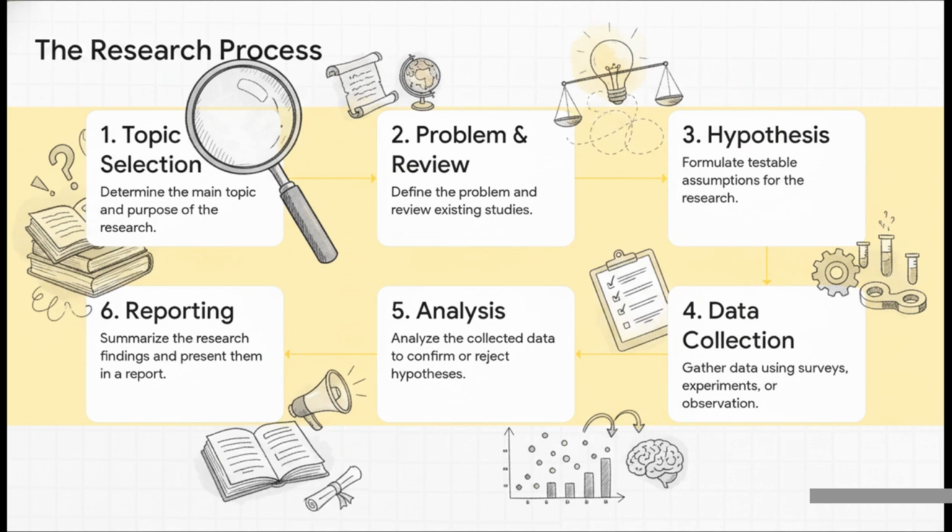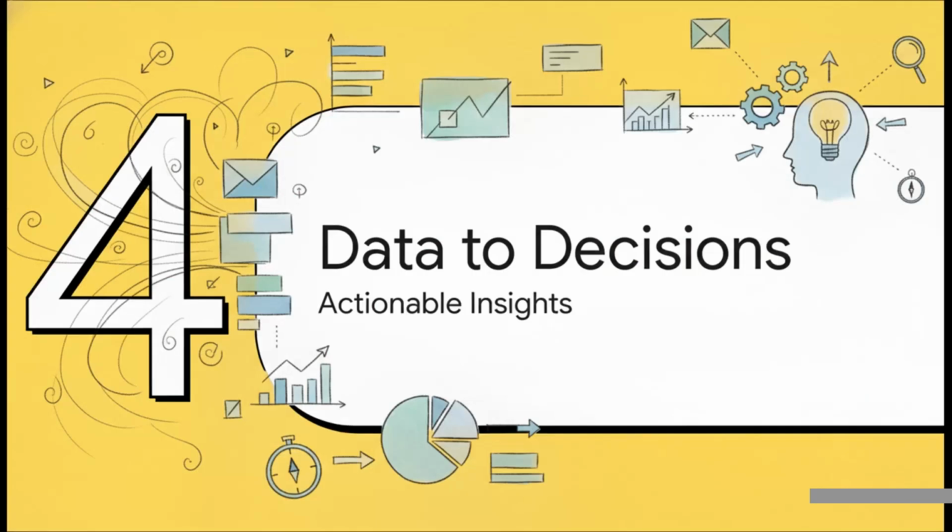Researchers gather information through experiments, surveys, or even observations. Next, the collected data is analyzed to find patterns and relationships, and this part can sometimes take a really long time. And then finally, researchers report their findings so other scientists can review and learn from them.